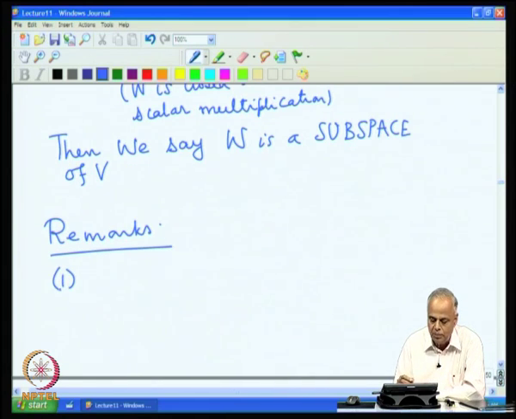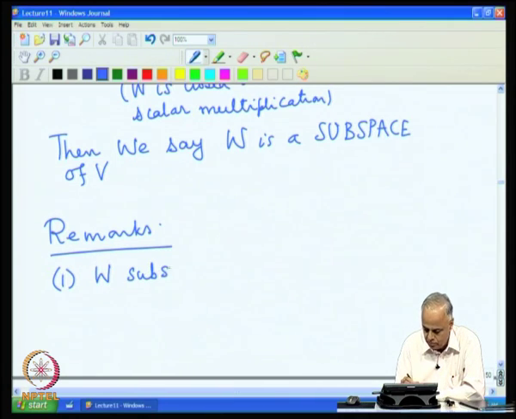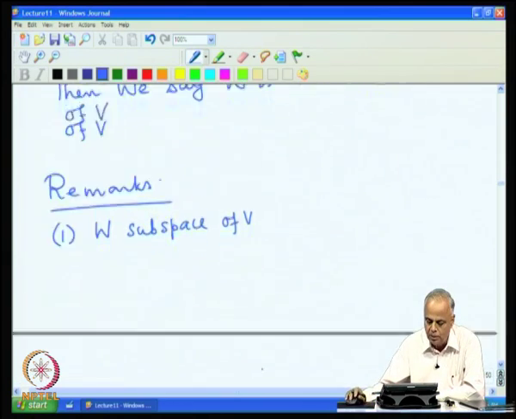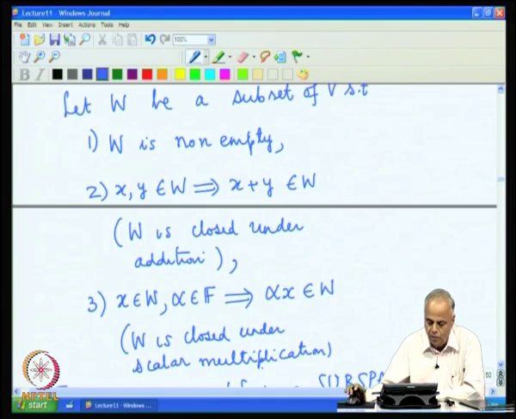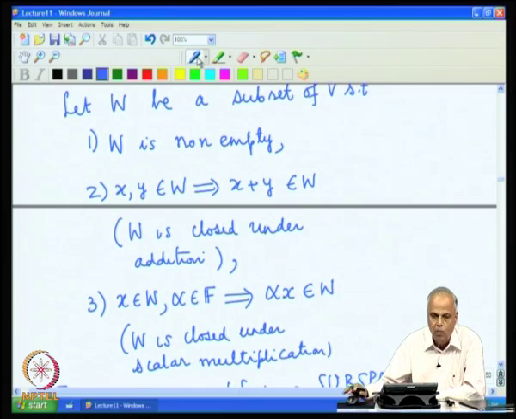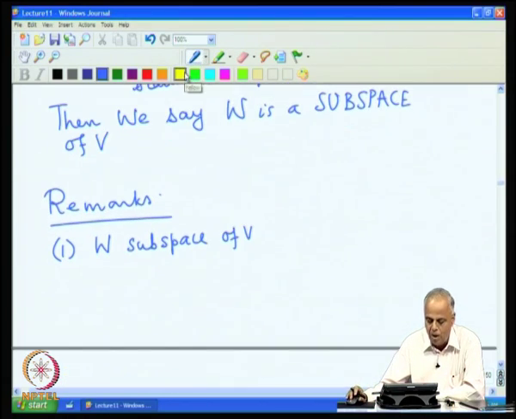The first thing we observe is that suppose W is a subspace of V. The first condition for being a subspace is that it should be non-empty. What does it mean to say that W is non-empty?